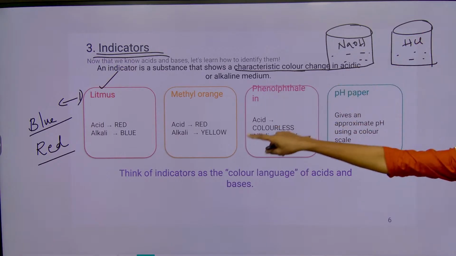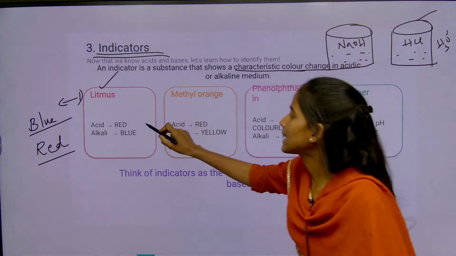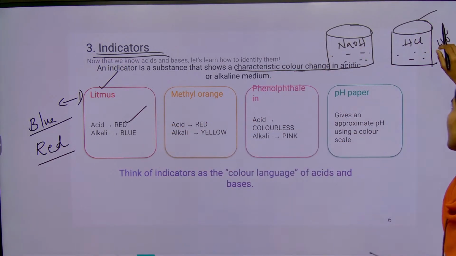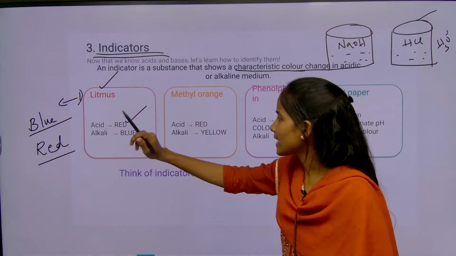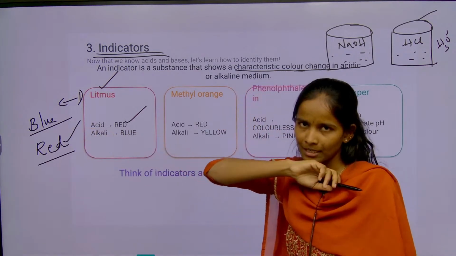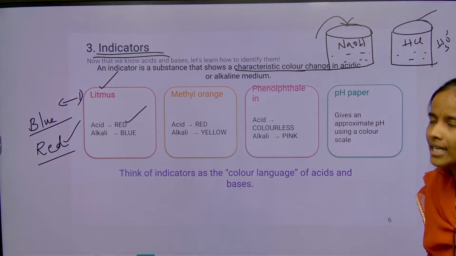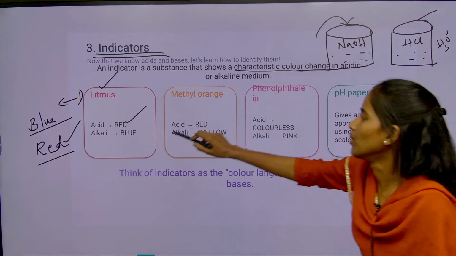As HCl is acidic in nature and releases H3O plus ions in the solution, the blue litmus paper turns red. Whereas if we take red litmus paper and dip it into the NaOH solution, the red litmus paper turns blue.